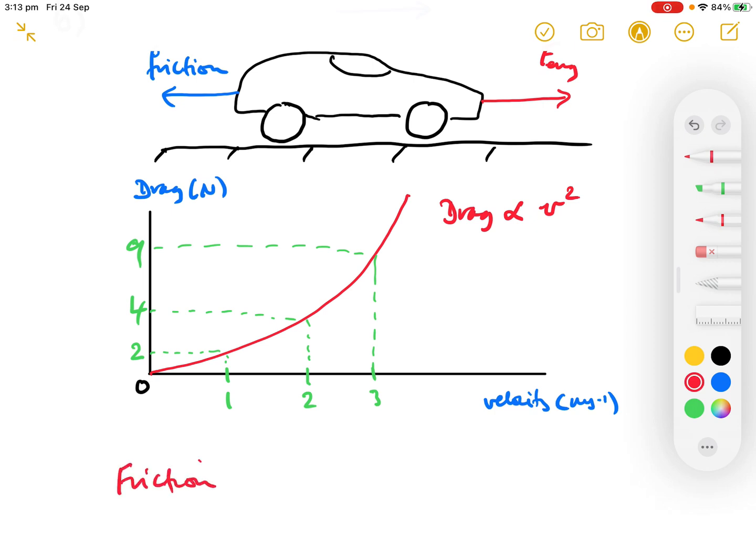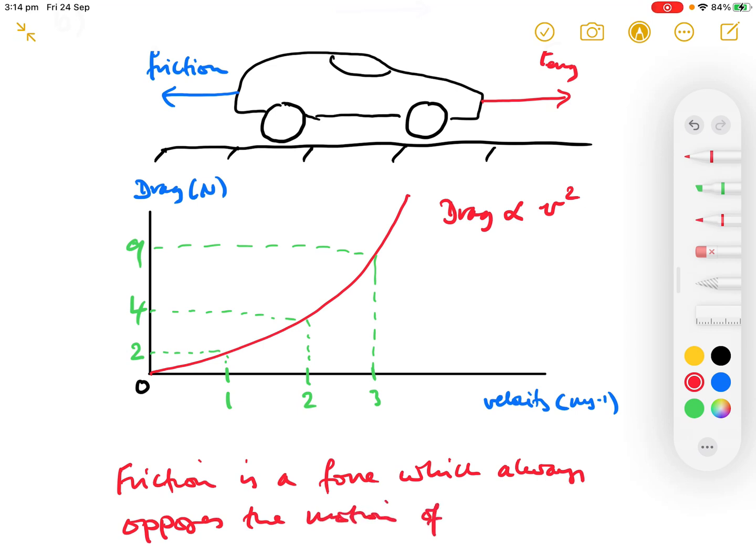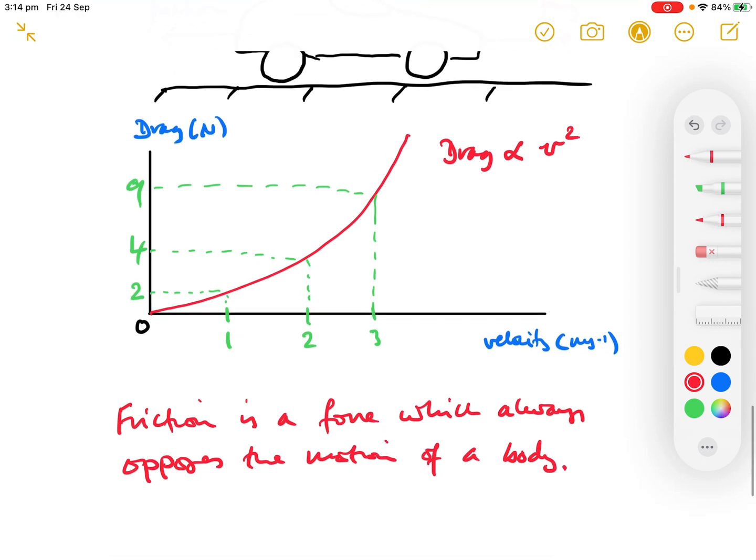So let's remember then, friction is a force which always opposes the motion of a body.